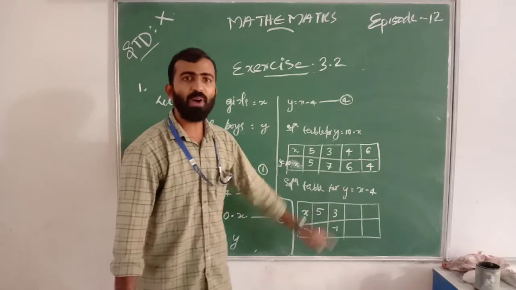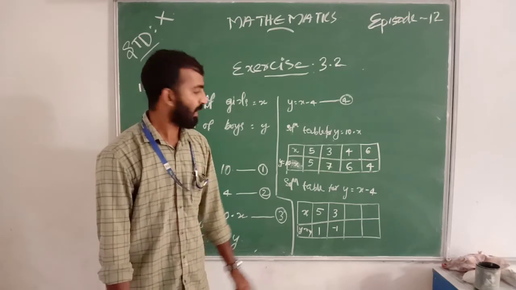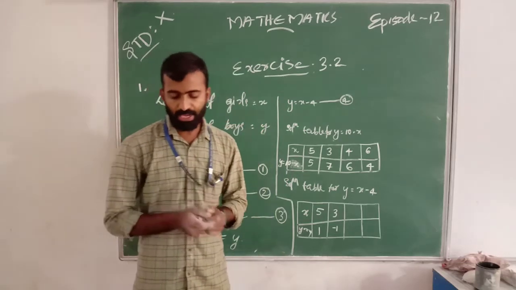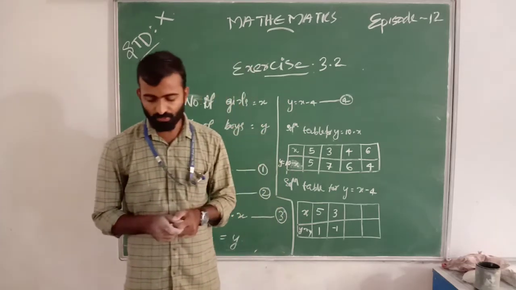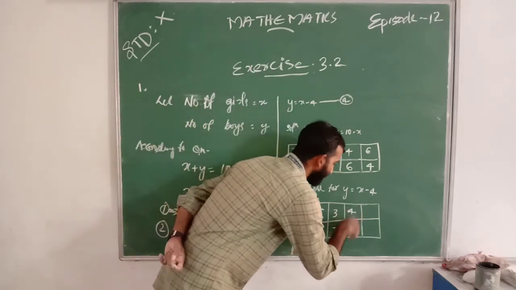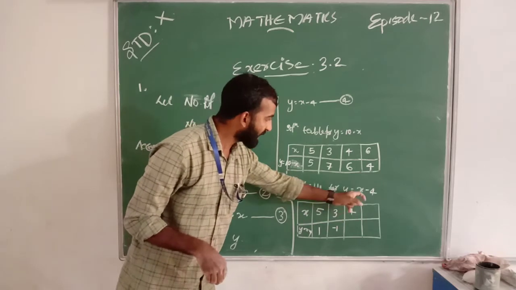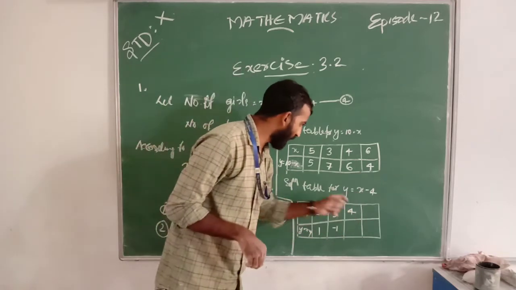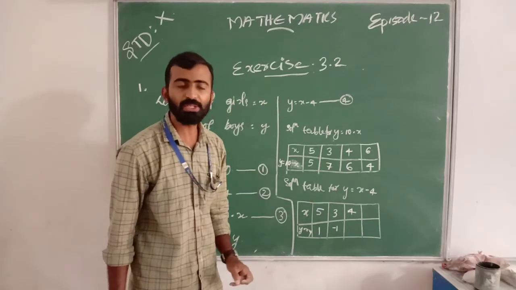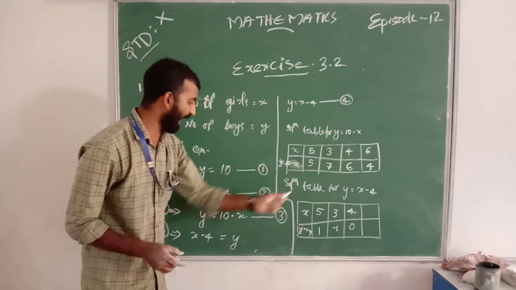That is 3 minus 4 equal to negative 1. Then next we give the value of 4. The value of x is 4 and y equal to x minus 4, so we get y is 0.